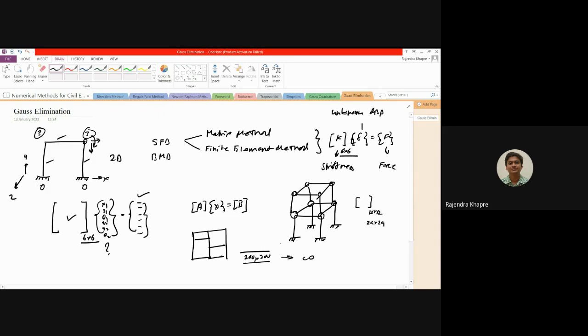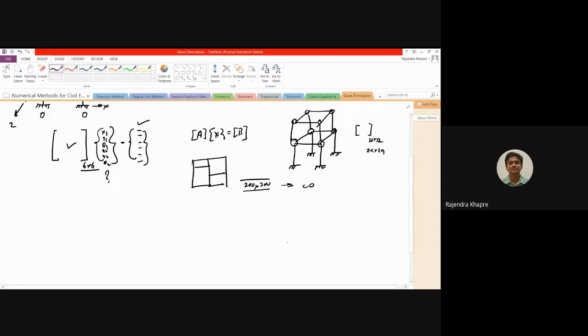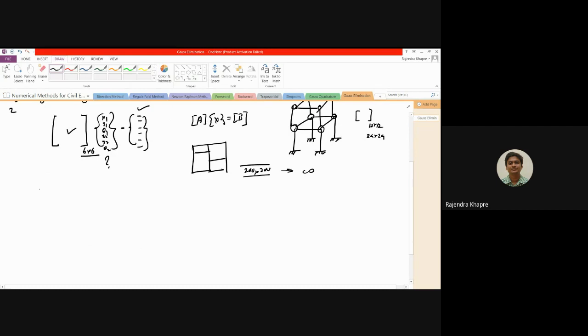Now just for your information, if you want to analyze a building, and let us say the computer is taking 10 seconds, out of these 10 seconds, roughly 9.9 seconds are used to solve only this equation.